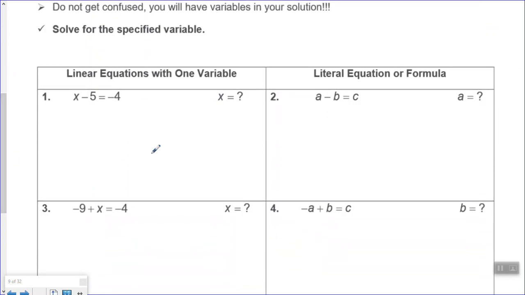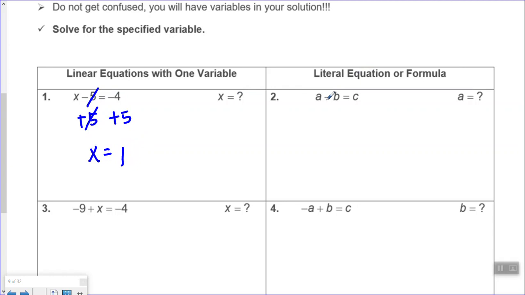On the left column, you have linear equations with one variable, and on the right column, you have linear equations or formulas. To solve x minus 5 equals negative 4, you add 5 on both sides. x equals negative 4 plus 5, which is positive 1, so x equals 1.